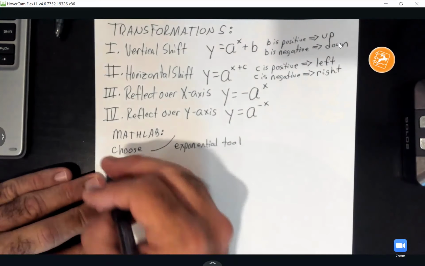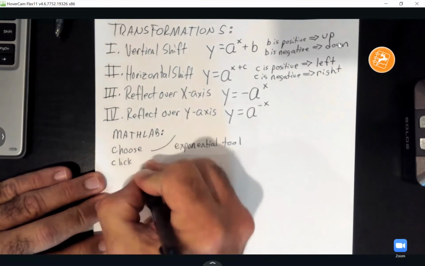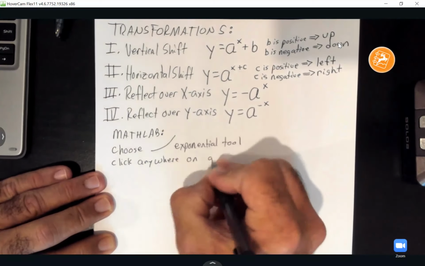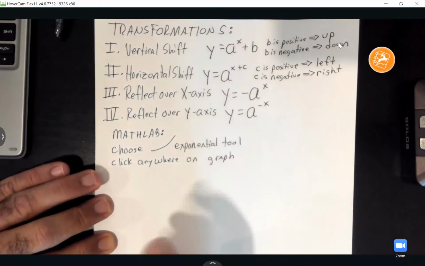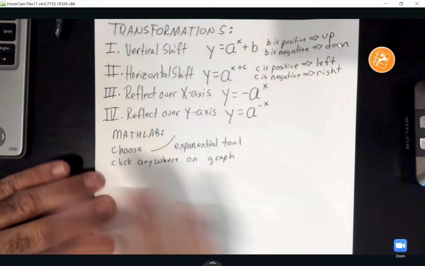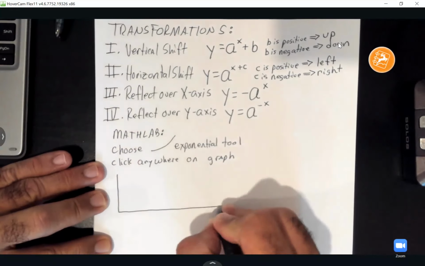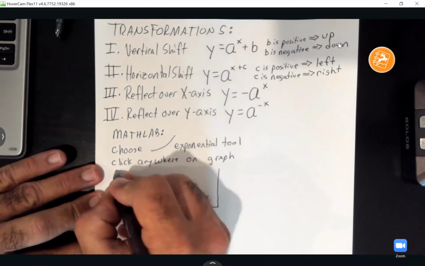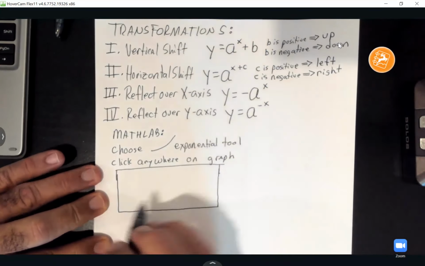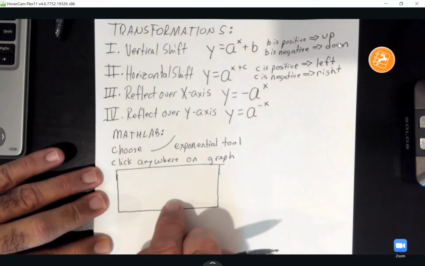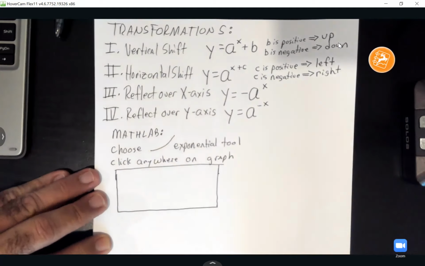Then click anywhere on the graph. Once you click on the graph, it's going to open up the box. So remember, you're going to have that little box open up. And it's going to have the vertical, the horizontal, reflect over to X, reflect over to Y, and all that fun stuff, okay?